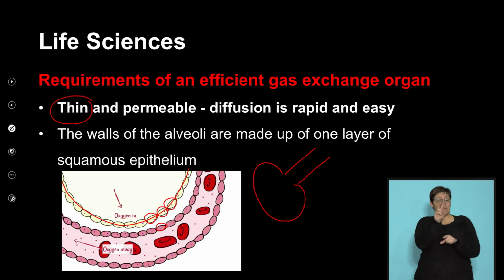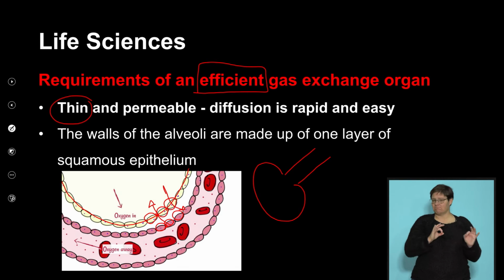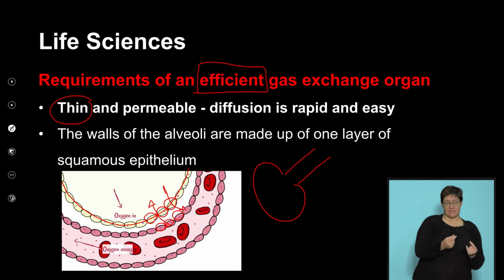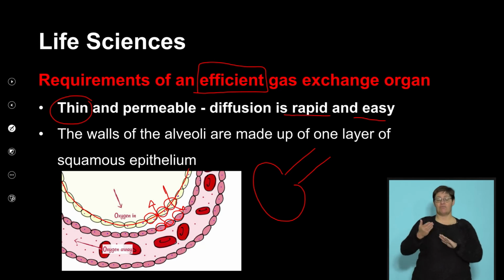You will also notice that the blood is also one layer thick, which means that oxygen going in happens very quickly, and carbon dioxide carried back out also happens quickly. Guys, that is efficient. What does efficient mean? Quickly, doing it nice and rapidly. There we go, the words rapid and easy.